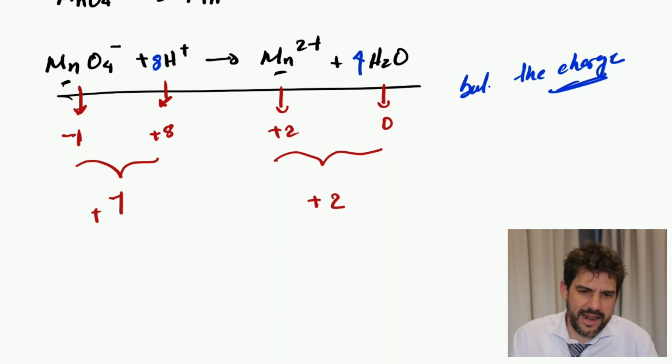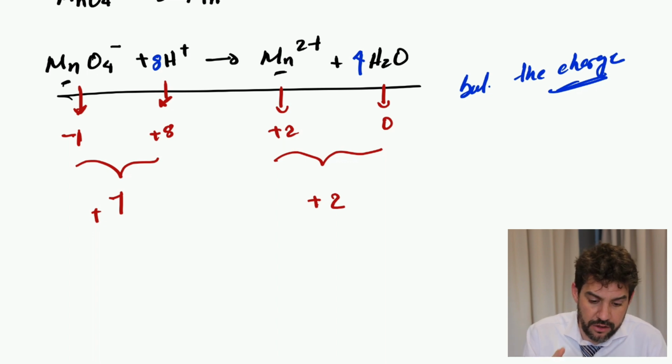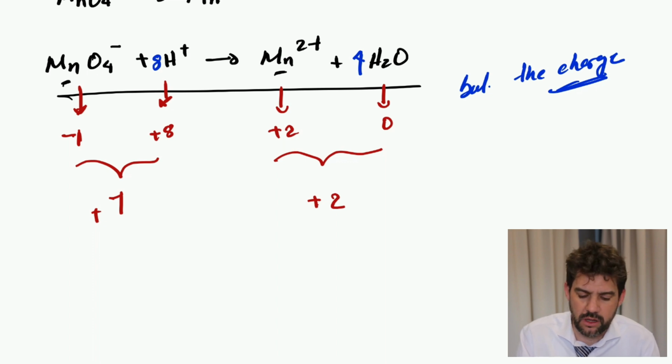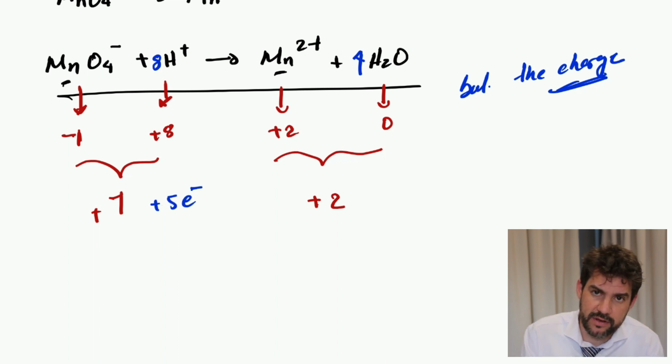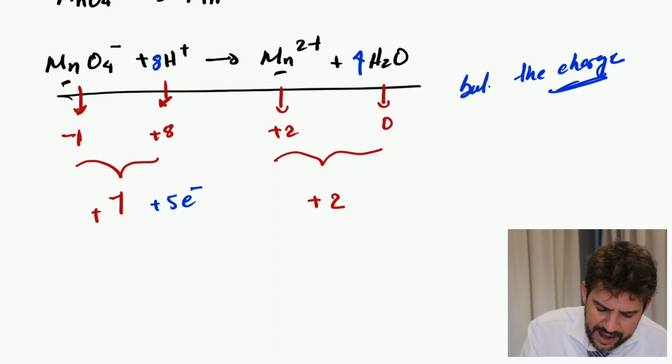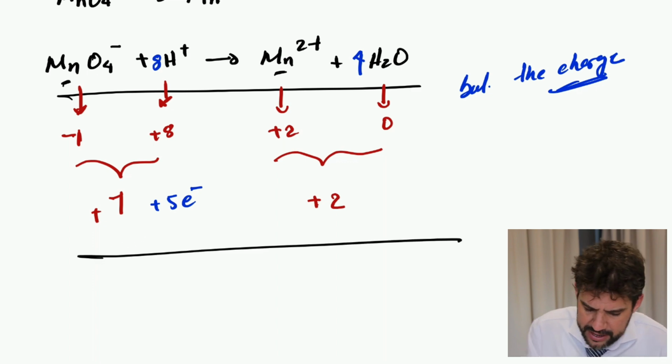So how many electrons are we going to add and where are we going to add them? Look, the more positive is the left. How many electrons can we add to make 7 equal to 2? Well, we have to add 5 electrons. 7 minus 5 is 2. So in other words, we have to add 5 electrons. What is the reduction half reaction here?